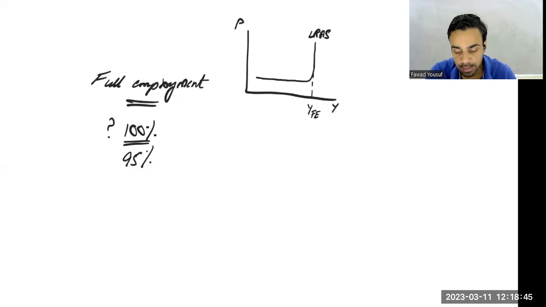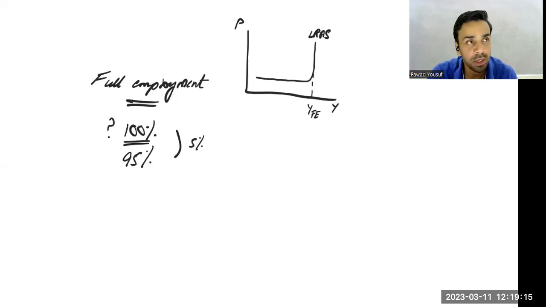So we say that at least this much percent unemployment should exist, so that if a new business wants labor, there's enough labor, enough X number of labor, available in the society. Maybe let's say 5%. For some, it might be 4. For some, it might be 6. But the point is that there should be enough unemployment existing in the economy that if demand increases, it can be fulfilled without creating inflation.